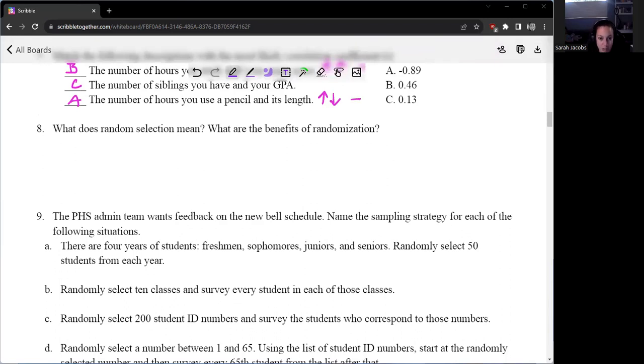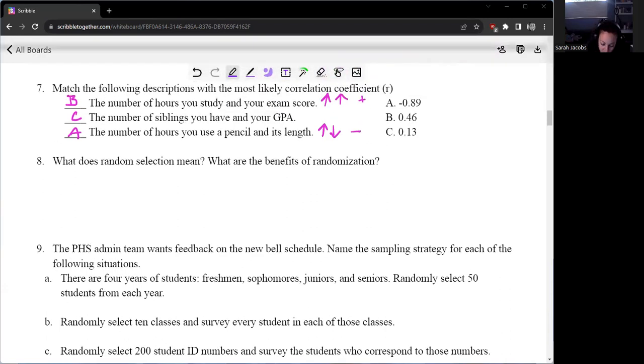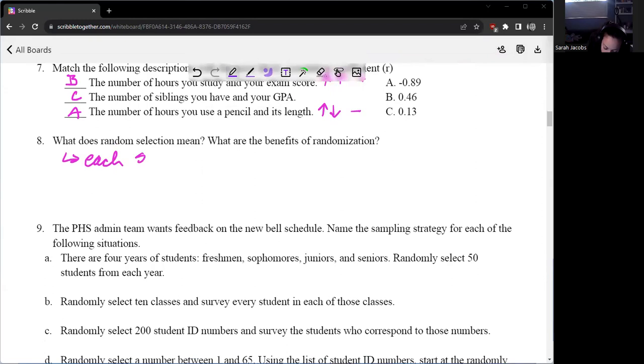Number 8, what does random selection mean and what are the benefits? So what it means is each outcome, each subject or participant has an equal likelihood of being selected.